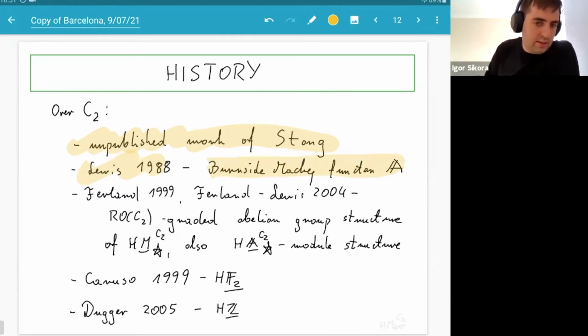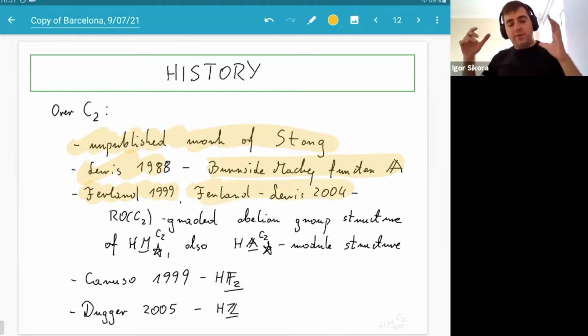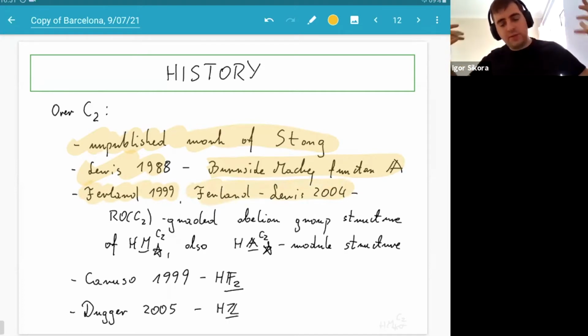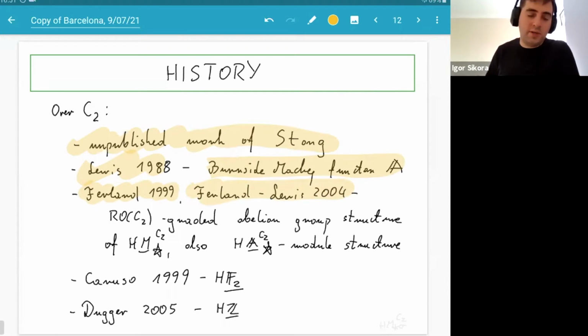Then the most general answer was given by Holler in 1999 in his PhD thesis, and these results were reiterated in the Holler-Lewis paper from 2004, where they gave an RO(C2)-graded abelian group structure of the coefficients of an arbitrary Mackey functor, and also a module structure over the coefficients of the Burnside Mackey functor.